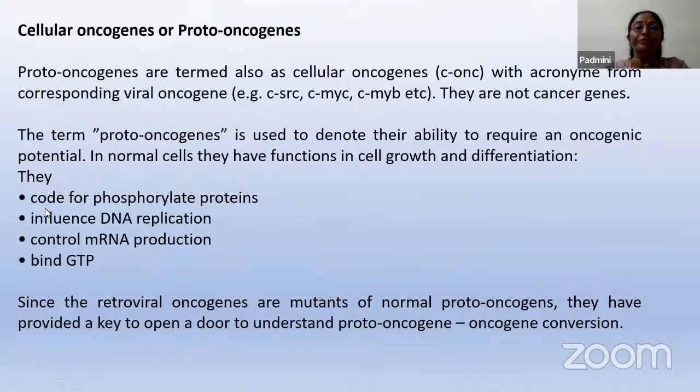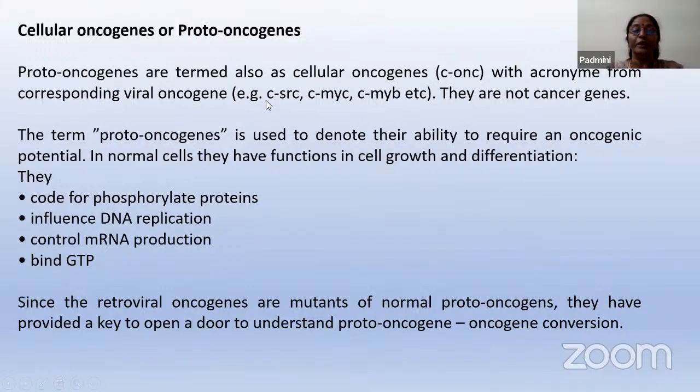So we'll talk first about cellular oncogenes or proto-oncogenes. Proto-oncogenes, also called cellular oncogenes, are found in the cells and abbreviated as c-onc. C-onc means cellular oncogene, corresponding with a viral oncogene.